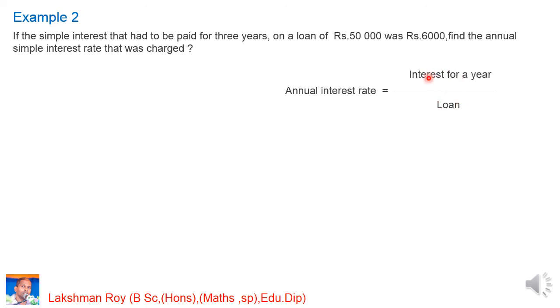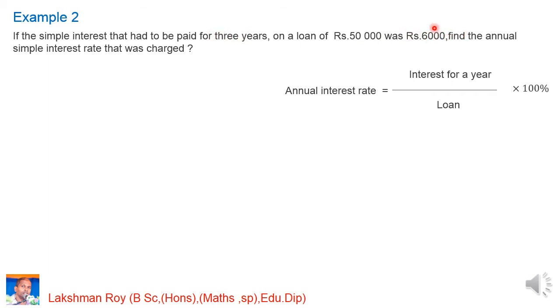For this loan amount, if you pay this amount of interest for 1 year, the percentage rate is that multiplied by 100%. So if you find those two, the interest for a year and the loan, then you can find the interest rate. See here, they have given the interest for 3 years.